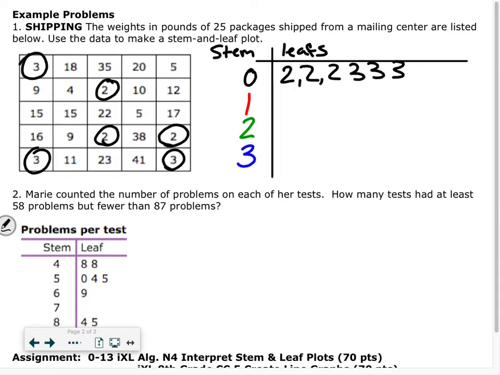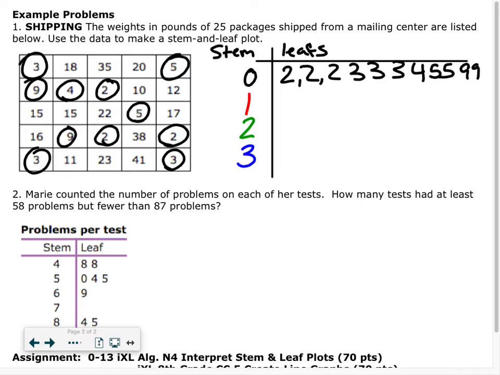There's 3 3s. I see a 4 here, so I'm going to put a 4 here. And then we have a 5 and another 5. I don't see 6, 7, 8. And then there's 2 9s here. So there's the first part of the data.